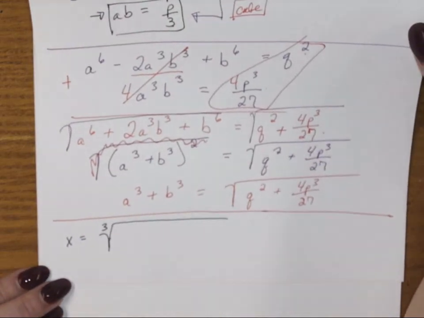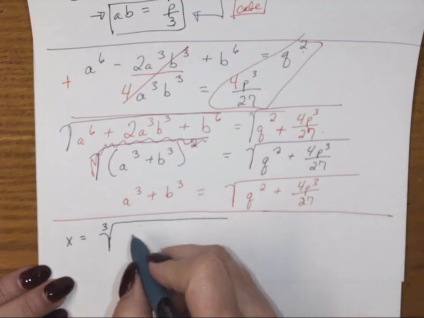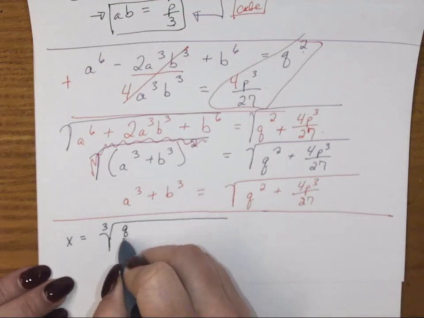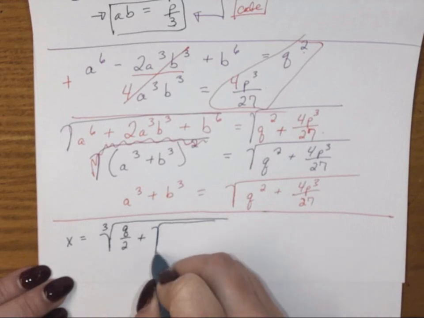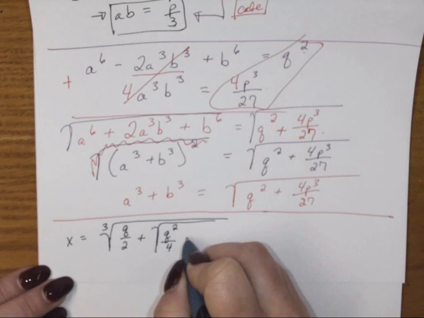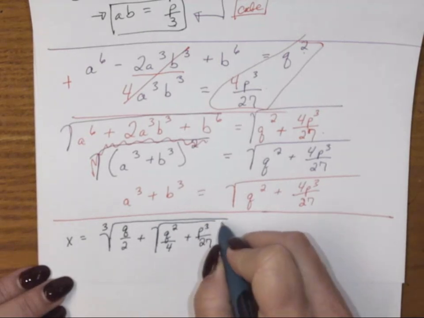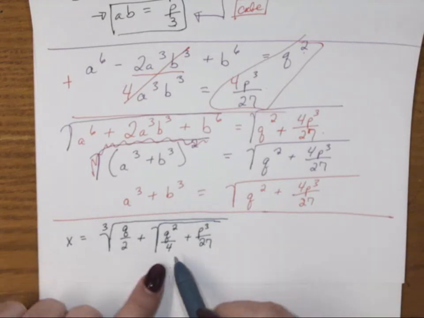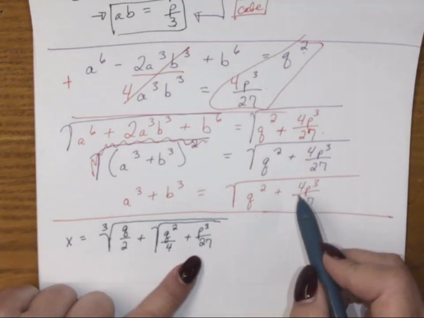Okay, so what he ends up with is, hey, if you can solve this for the a guy, the cube root of q over 2 plus, inside of there is another square root. I know it's lovely, right? q squared over 4 plus p cubed over 27. And it's interesting to me that what you see falling out here is the 4 and the 27 that we had in here.